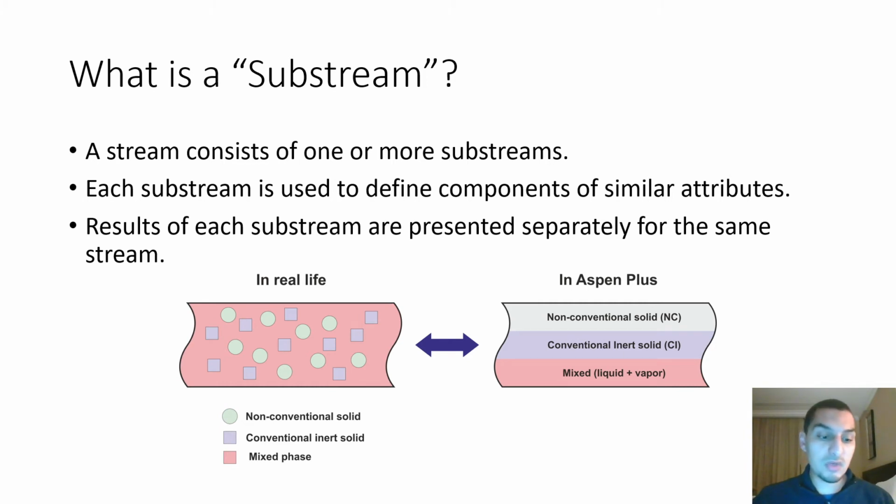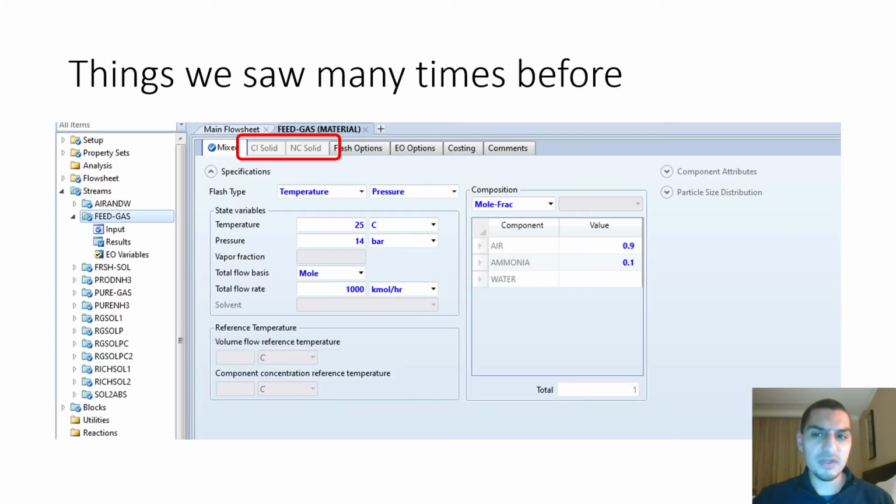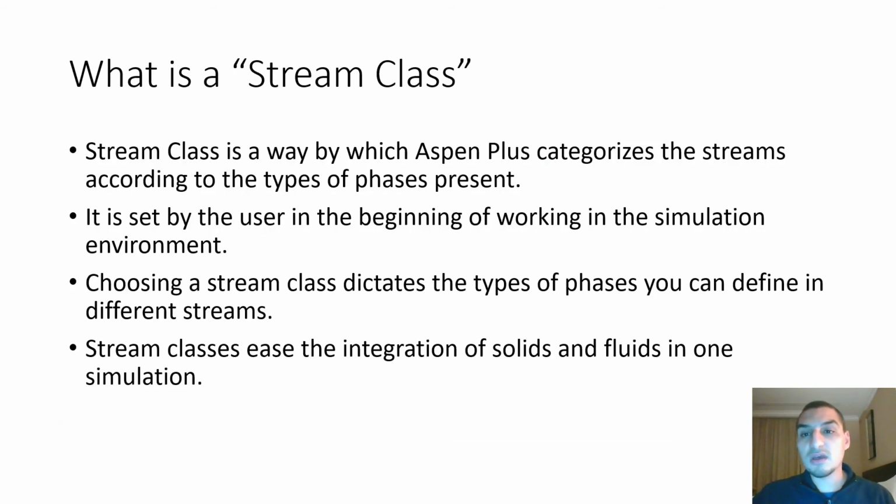So here comes one question, which is a very, very important question as well. Now we understand that there are substreams, and each one of these tabs is responsible for defining a substream. Why were these two tabs always inactive? I have no choice to put any information here. The software is not letting me do anything here, and this is why we have the stream classes.